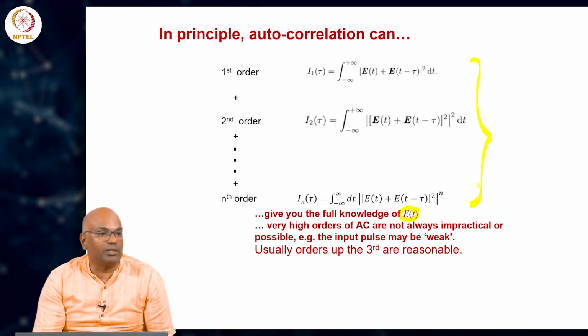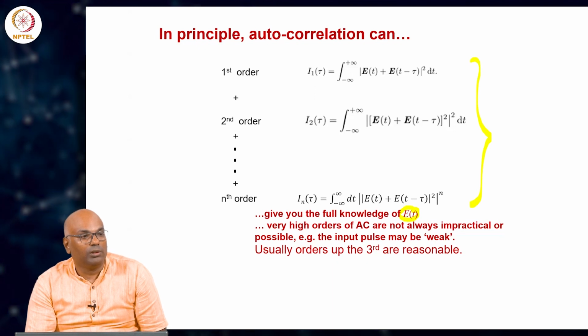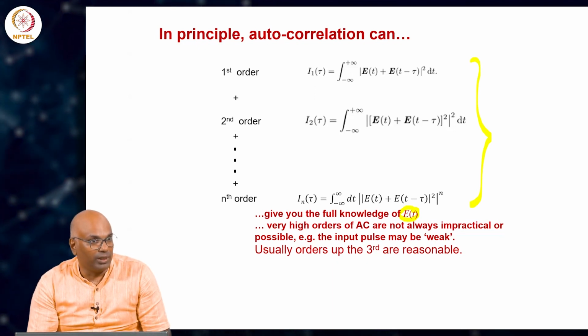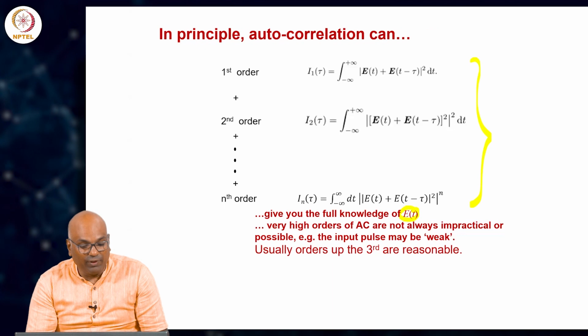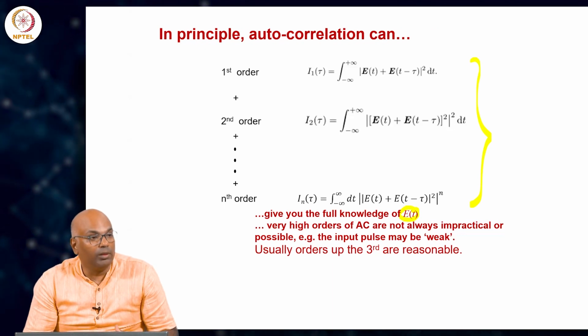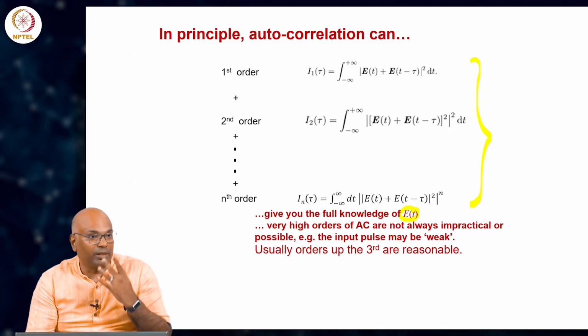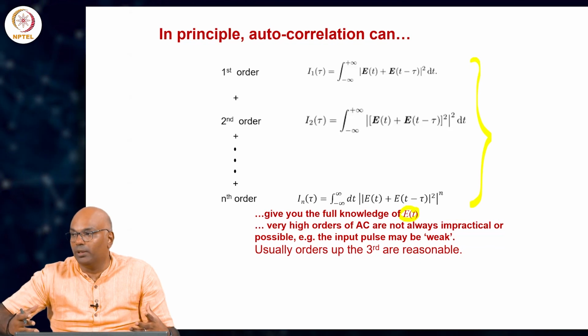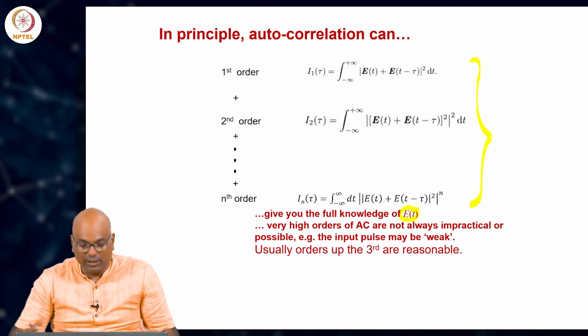You need to extrapolate this to infinity, so to say. If we do this, then we can get a more and more complete knowledge of the electric field as a function of time, which is what knowing the pulse or pulse metrology is.